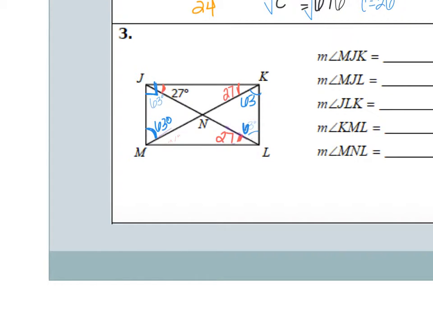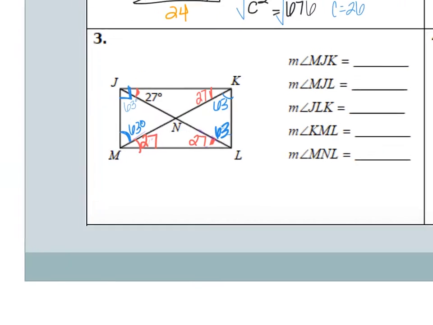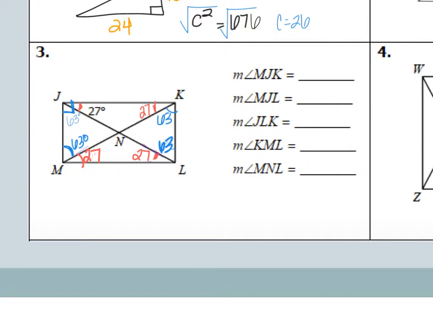I'll just write it back in there. Okay, so this is 63, this one is 27. Okay, measure of angle MJK. So let's get our angle measure here.